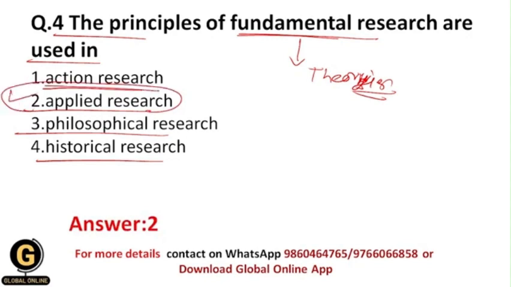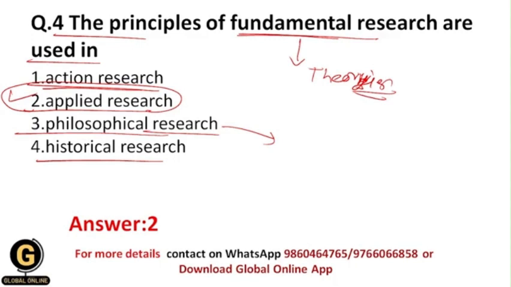And all of you know what action research is, and philosophical research is nothing but basically here we study the philosophy of things. So for example, there is some kind of data, or there is some kind of relationship between the variables. Here we find out the roots of it, basically we find out the causes of it or the history of it.